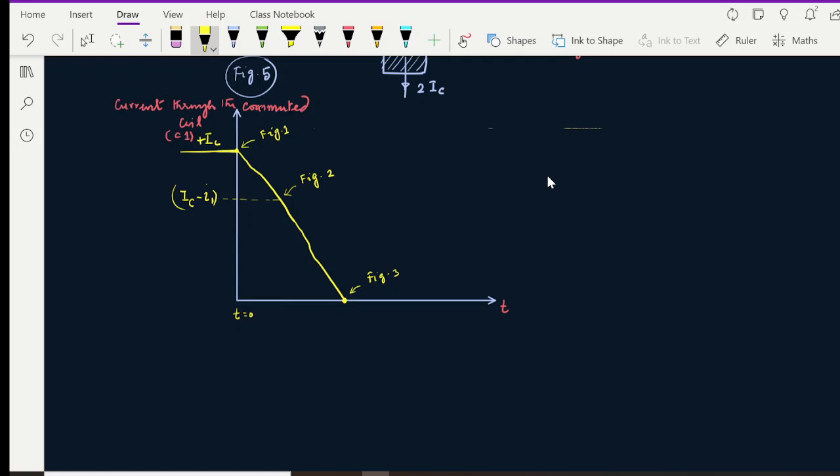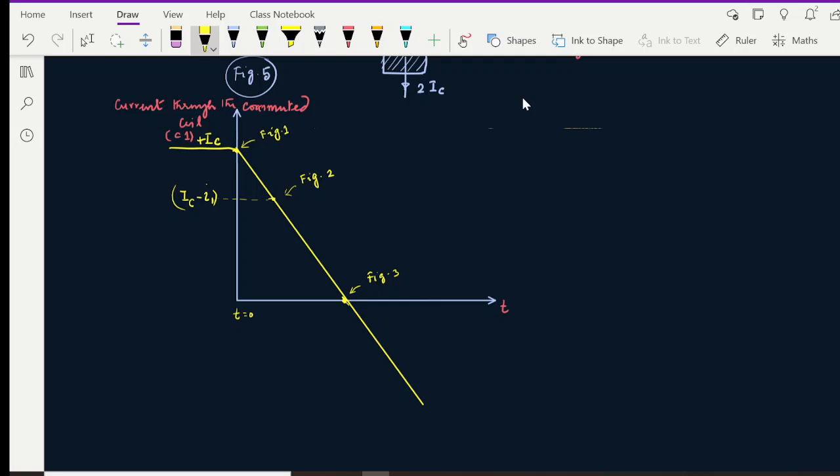Then going further, we had a negative current. Okay, let me draw it neatly, because this is going to be simply a straight line. So I think I can better represent this by a straight line itself. Okay, so it is going to be like this. You can have a slight adjustment here. So this is going to be plus IC. At this instant, that current was IC minus I1.